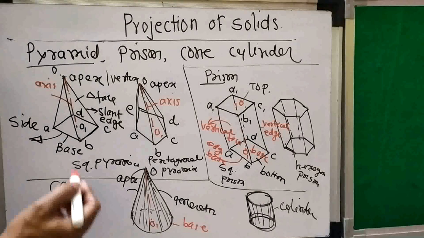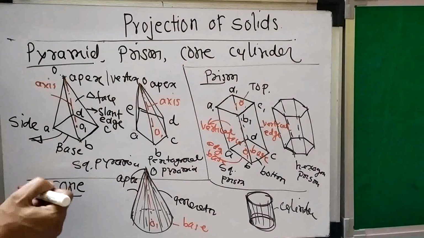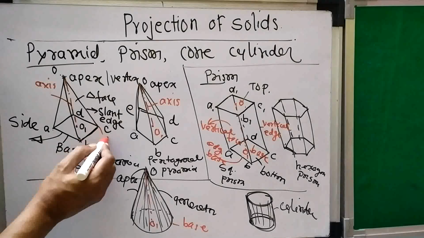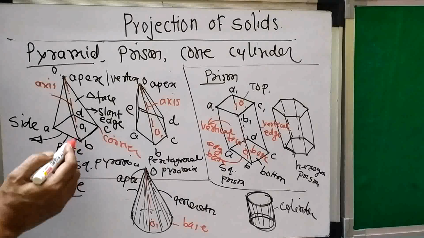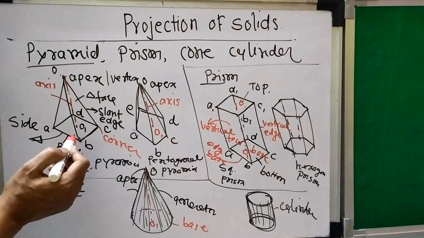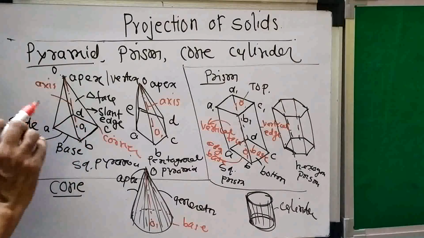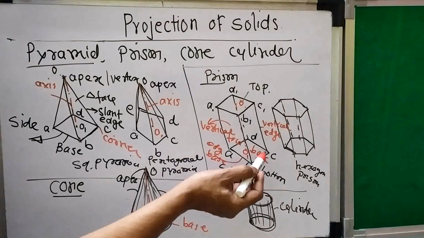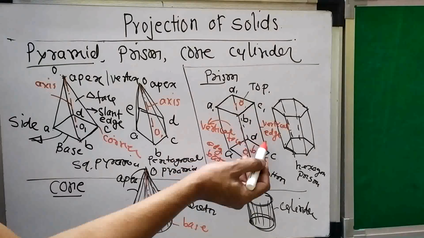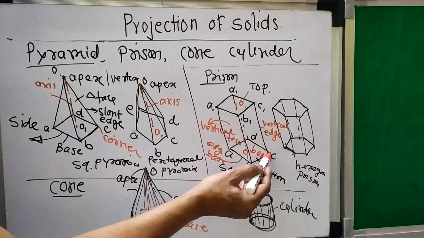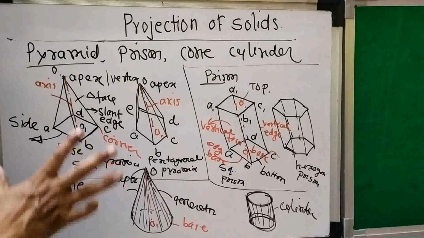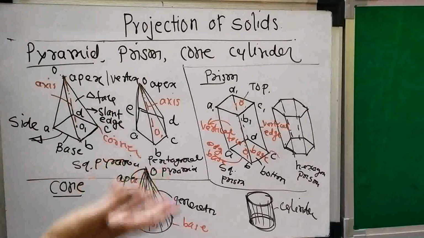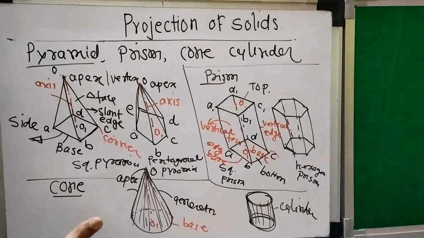Either it is resting on the side of the base, or on the corner of the base, or on the slant edge, or on the triangular face, or on the vertical edge, or on the corner. So again the resting condition is also given in terms of parts of the solid.